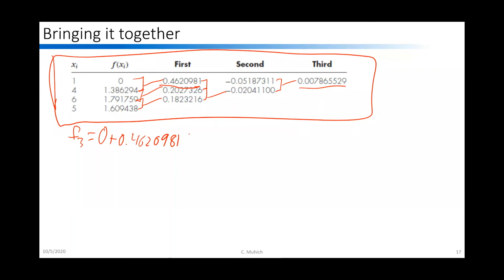We're going to take exactly that top line. We're going to write out minus each term. So x minus x1 was 1. I now pull that second term, minus 0.0518731. I maintain that x minus 1. Now I put x minus x2.